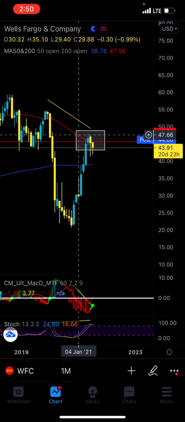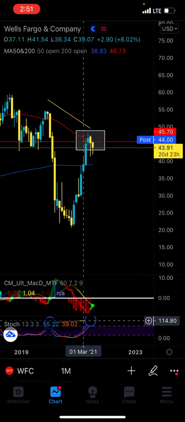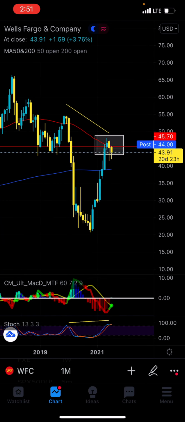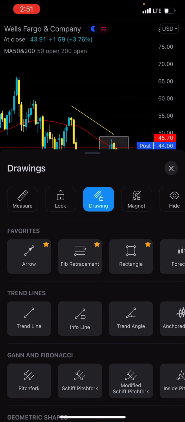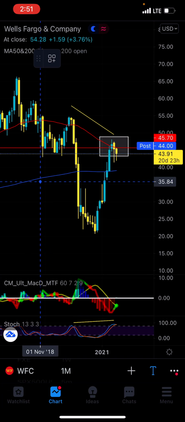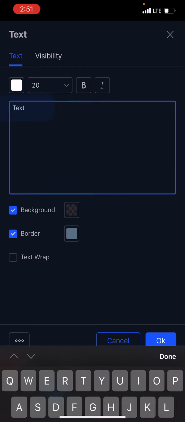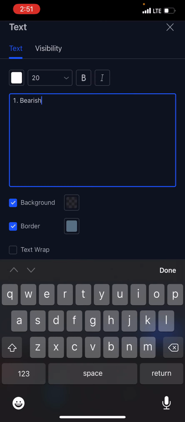So not only do we have bearish divergence on the stochastic, let me see if I can add this in text form for you guys, because there's a lot of things going on that I want to talk about. We'll add it right here so it's easily visible. Number one, you have bearish divergence.